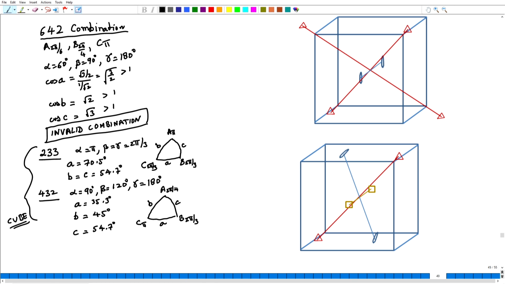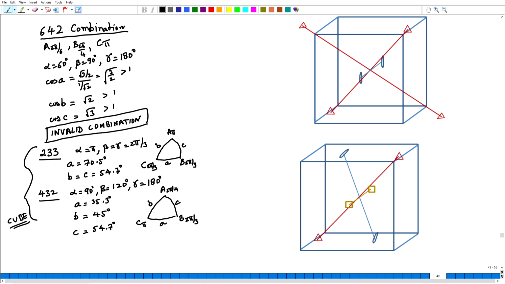Here I have drawn the diagram on the right, where I have 3-fold rotation axes along the body diagonals, and the 2-fold rotation axis parallel to the cell edge.